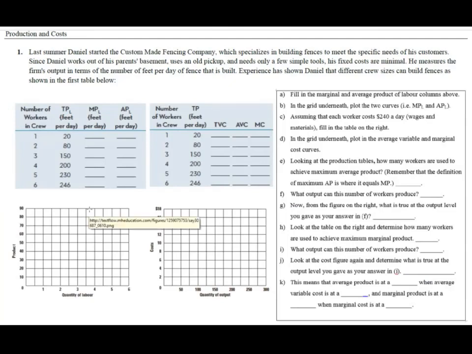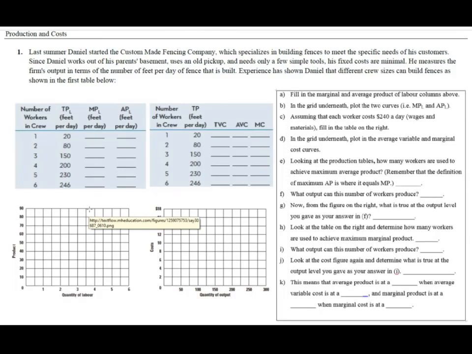So last summer, Daniel started a custom-made fencing company, which specializes in building fences to meet the specific needs of his consumers. Since Daniel works out of his parents' basement, uses an old pickup, and needs only a few simple tools, his fixed costs are minimal. He measures the firm's output in terms of the number of feet per day of fence that is built.